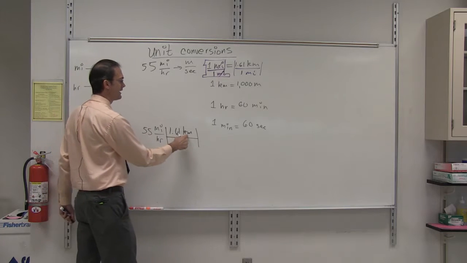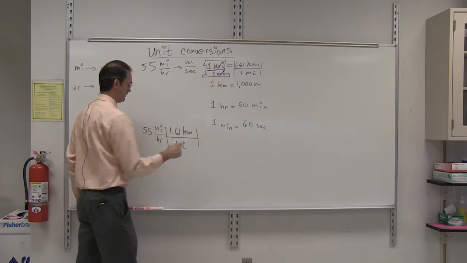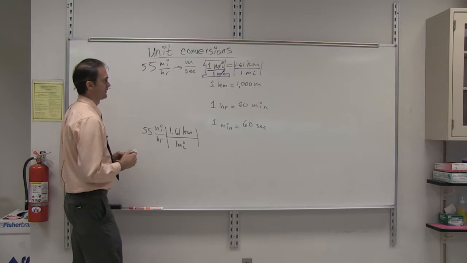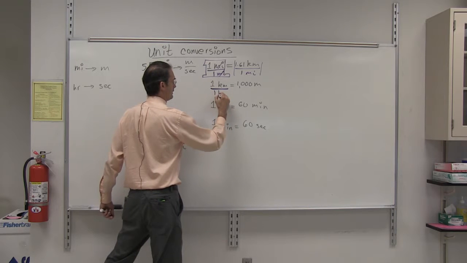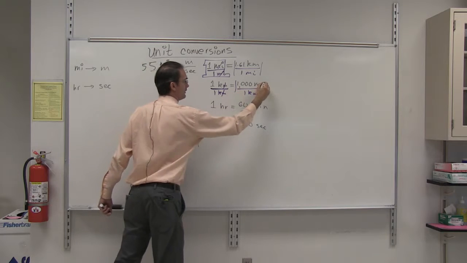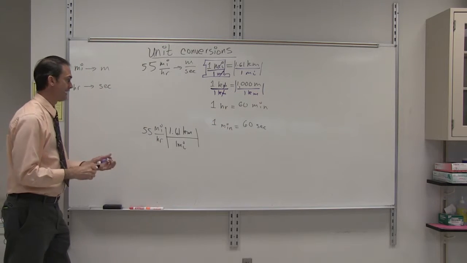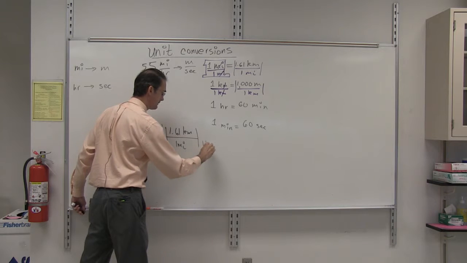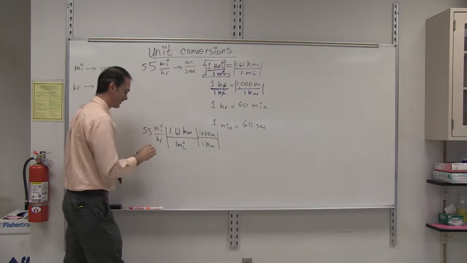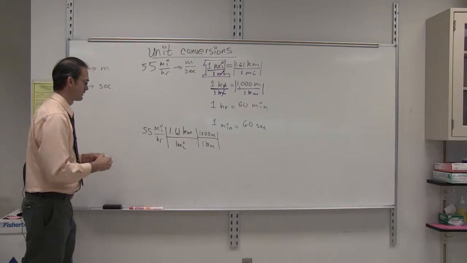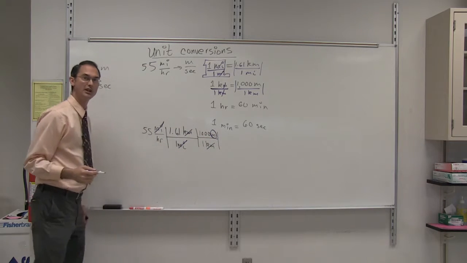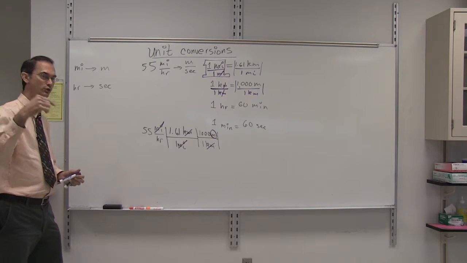Once we've left miles for kms, what we're going to need to do is leave kms for meters. So now we put this down, and we have 1 km downstairs and 1,000 meters upstairs. So now we've successfully gone from miles to meters, miles, miles, kms, kms, to arrive at meters upstairs, which is our unit destination for the numerator.